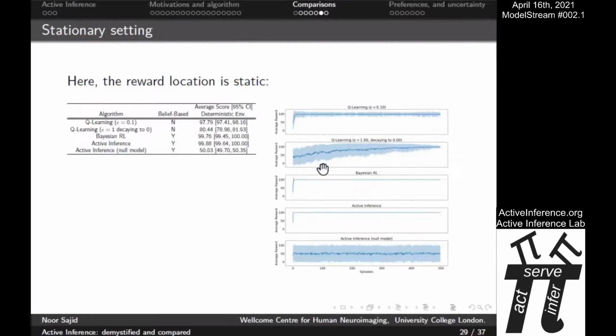Whereas for the Q-learning where epsilon is equal to 1, decaying to 0, the performance isn't the greatest. And for the null model, the active inference where there is no reward, the agent randomly goes to the hole and randomly goes to the goal 50% of the time. But the key thing to note is that apart from the null model, all the models are doing fairly well and seem to be performing okay within this stationary setting.